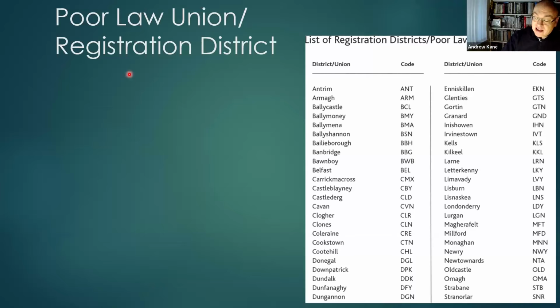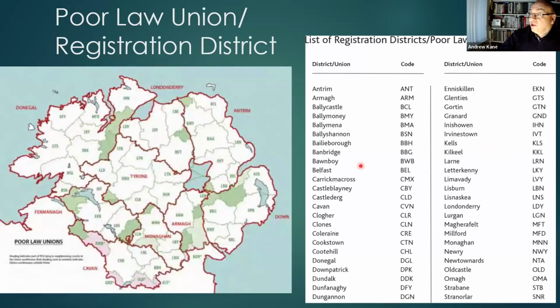We couldn't have the boundaries of all these different units on the face of the map. So we have these in the index. And you can see there is a map of Ulster showing the boundary of the poor law districts and a list of the code used in the index.